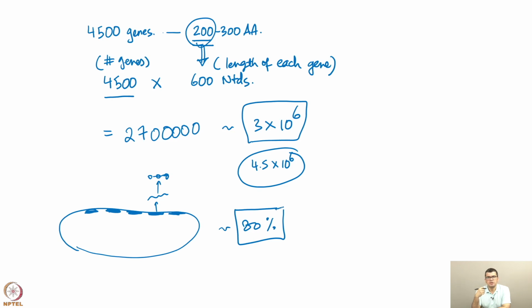Contrast this with human beings, where this region is actually only about 2% or so. 98% of the regions in human beings and 15 to 20% in bacteria is this region which is called intergenic region. This is the region of DNA which does not itself get transcribed or translated into protein molecules.